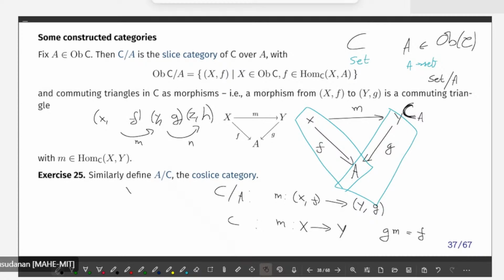You have X to A, that is F. Now (Y, G) means, again, every object here is a morphism into A, so Y to A, G is there, and Z to A, there is H.